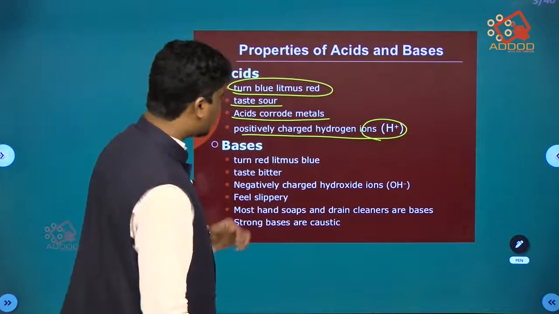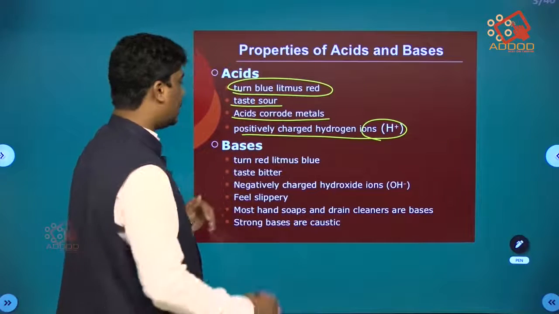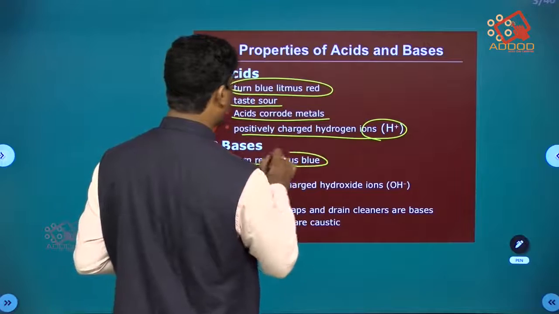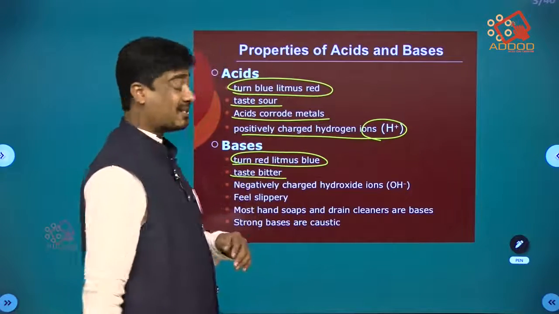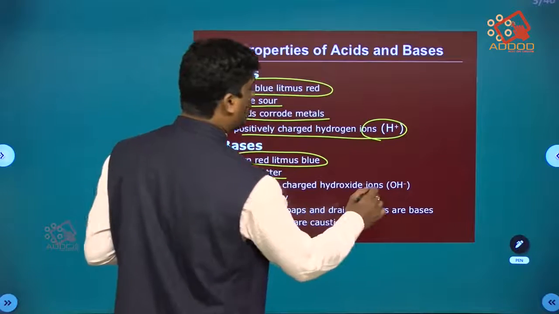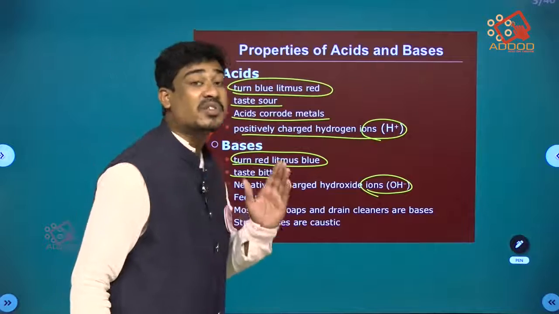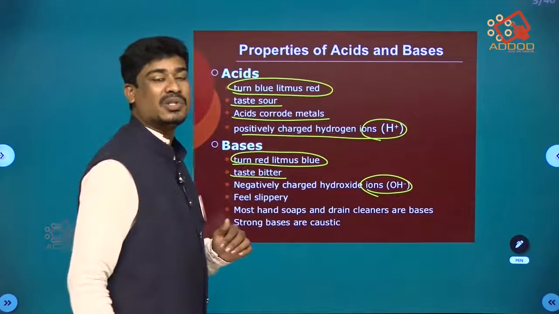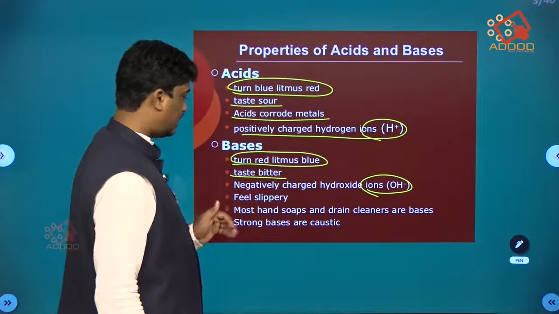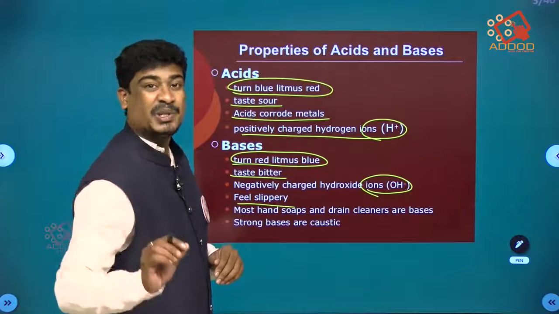Coming to the bases. Acids turn blue litmus to red, while bases turn red litmus to blue, are bitter in taste, and contain negatively charged OH minus ions, while acids contain positively charged H plus ions. Bases feel slippery, that is what I told, soapy to touch.